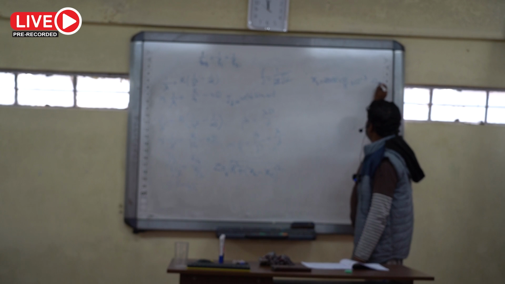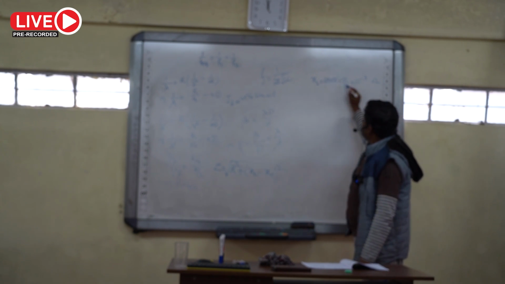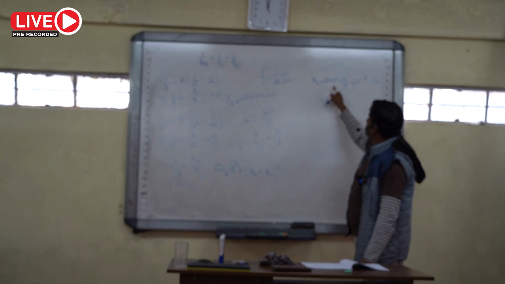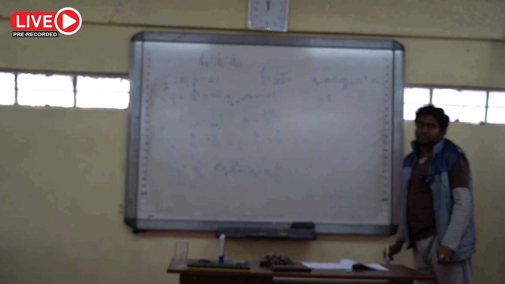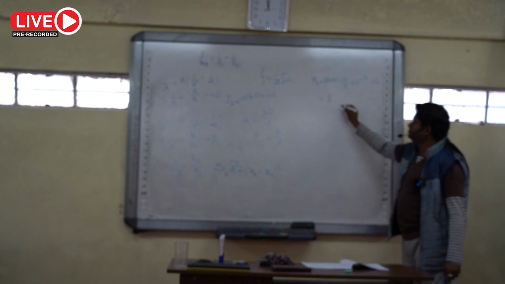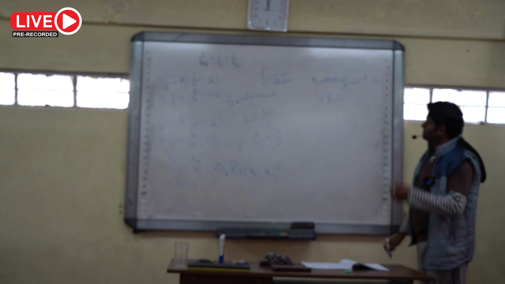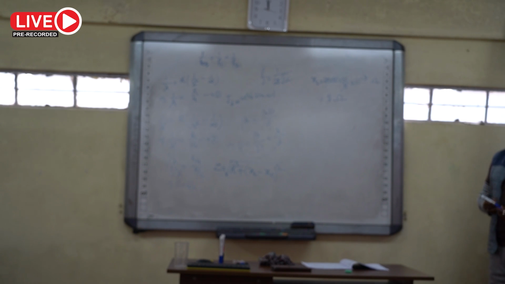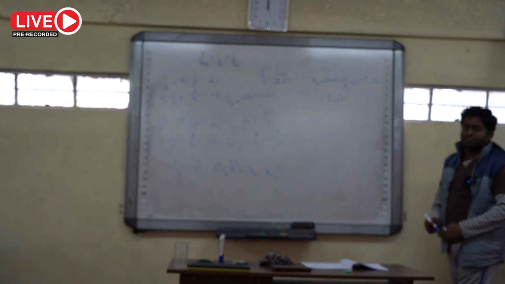So this pi cancels and it will be 5000, and then into 10 to the power minus 3, so it will be 5 ohm.